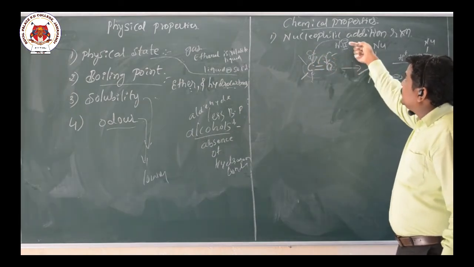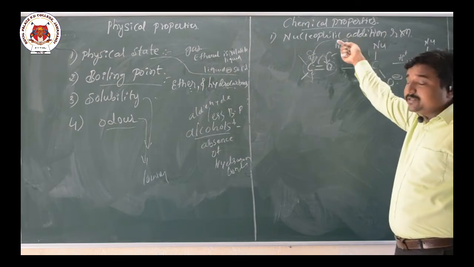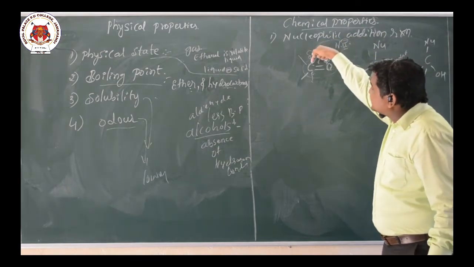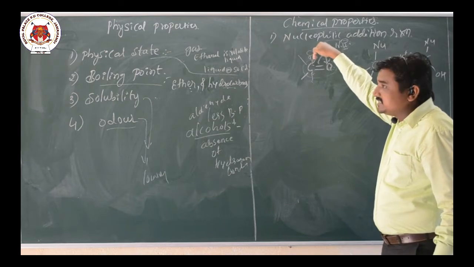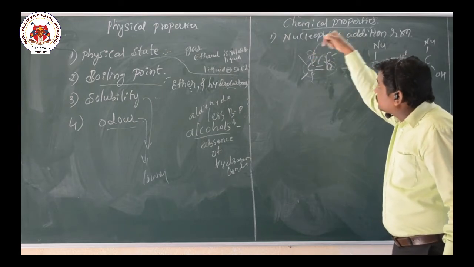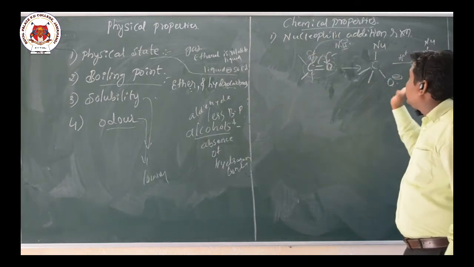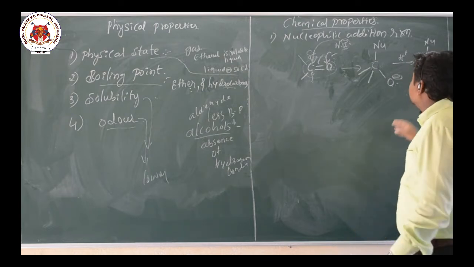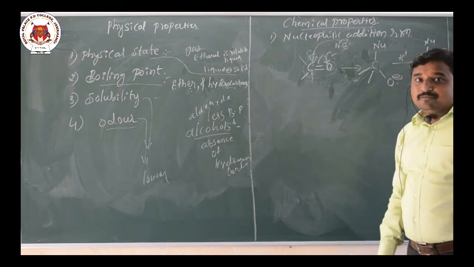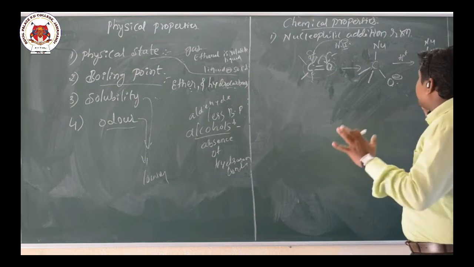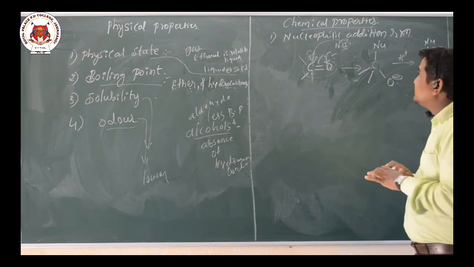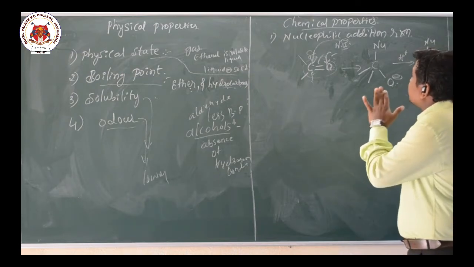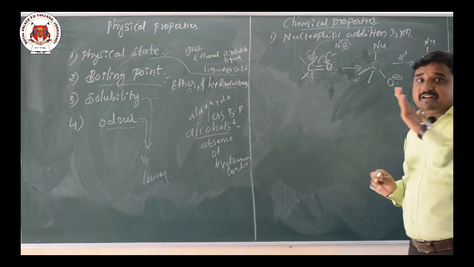Hence the nucleophile, an electron-rich species, attacks this carbon atom only, because electron deficiency is there. So it attacks perpendicular to the plane and forms an alkoxide ion, which later abstracts a proton from the reaction medium, forming a product. This is the general mechanism of the nucleophilic addition reaction.